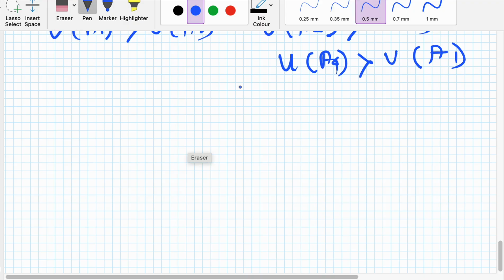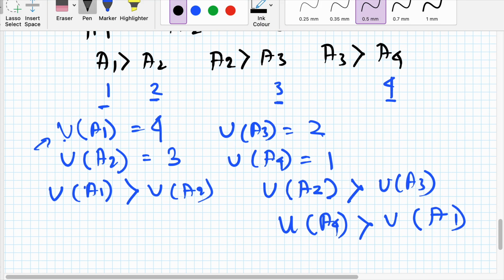Now here is one property you can observe. Instead of 4 I can write any number. Instead of 4 I can write 100. Instead of 3 I can write 5. Here I can write 0.01. Here I can write minus 50.